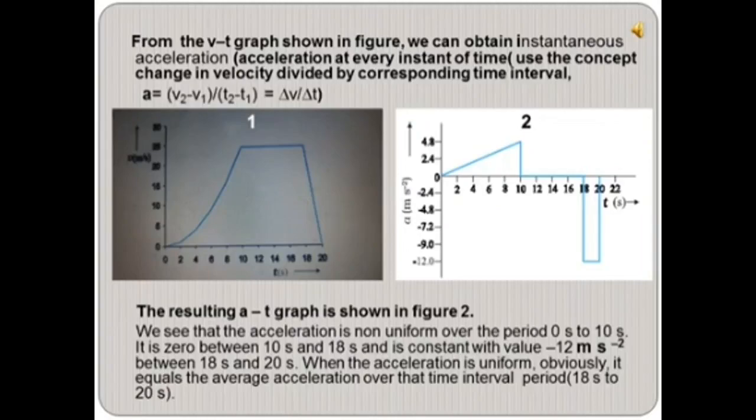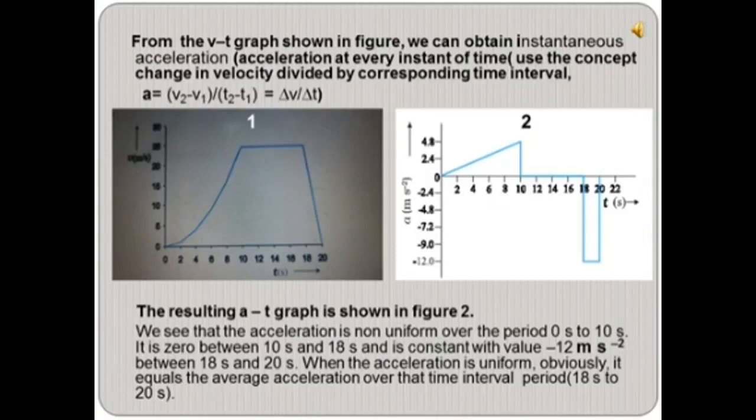We see that the acceleration is non-uniform over the period 0 seconds to 10 seconds, that is, its value is varying between the time 0 seconds to 10 seconds, but it is 0 between 10 seconds and 18 seconds.